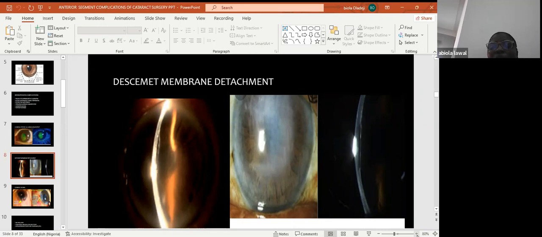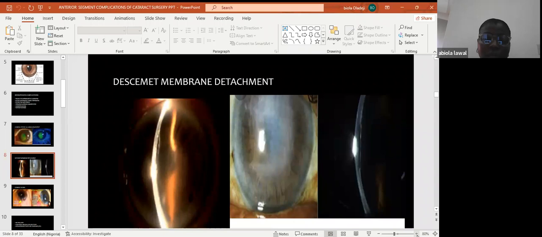So the effect on vision post-operatively actually depends on the location of the stripped Descemet's. If it happens peripherally, it may not affect vision. And at the completion of the surgery, if it is very significant, it can be repositioned by using air or viscoelastic.